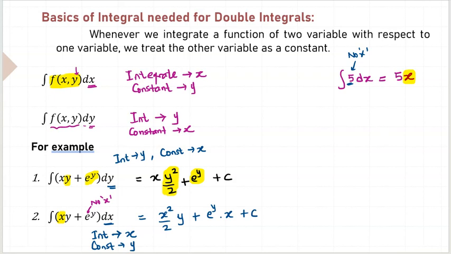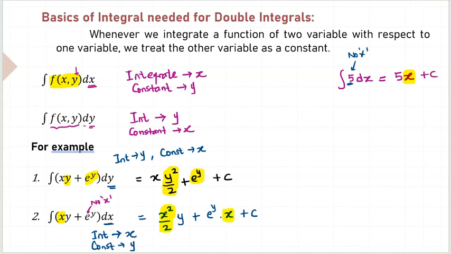So we integrated x as x squared by 2 times y, plus, as there is no x term in the second one, we multiplied by x. I hope it's clear.